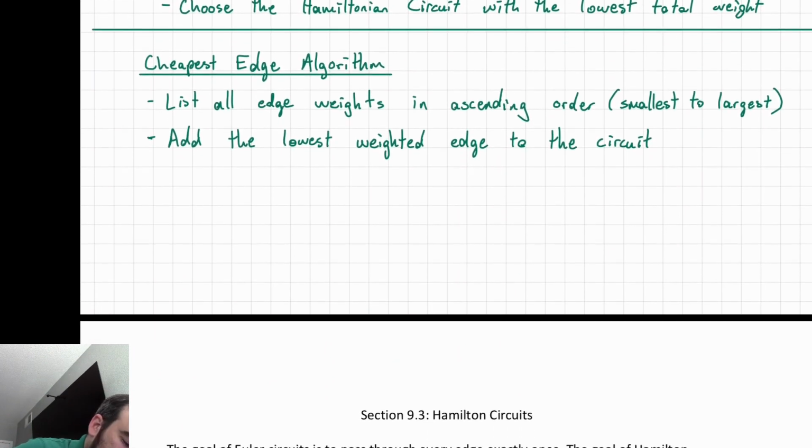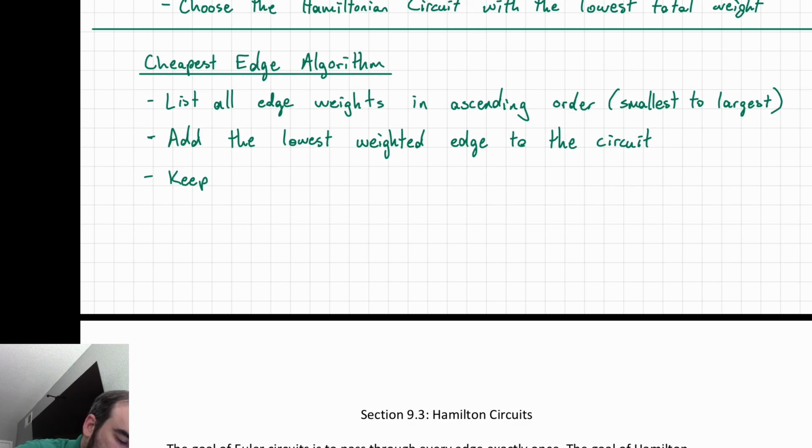And then to continue, we keep adding valid edges. And we'll talk about what's valid and what's not valid. We'll make a little underline on that one because we're going to define what valid edges means.